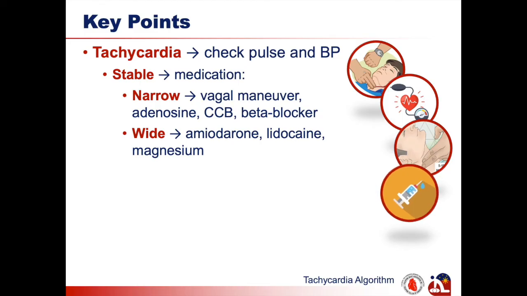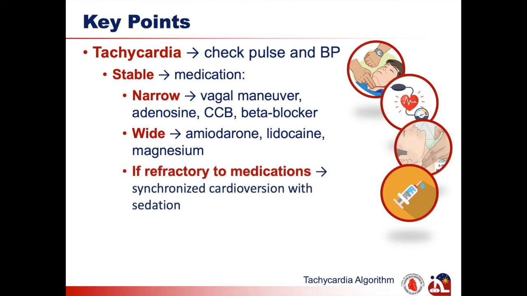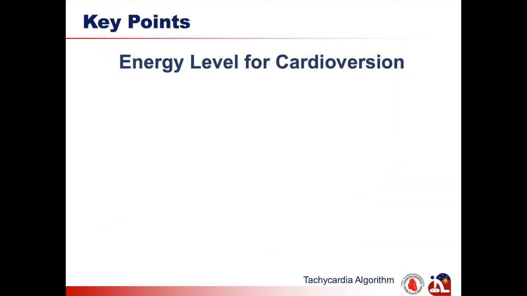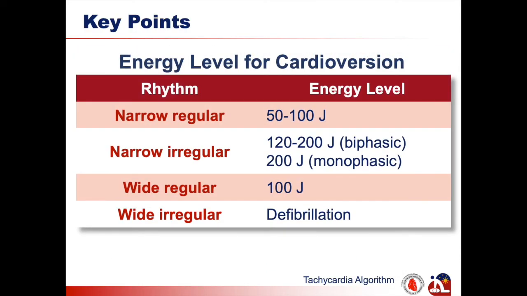If the tachycardia is refractory to medications, then you can use electrical therapy or cardioversion. When dealing with unstable tachycardia, you opt for synchronized cardioversion. It is important to remember the energy levels for cardioversion because these are certified must-knows as an ACLS provider.